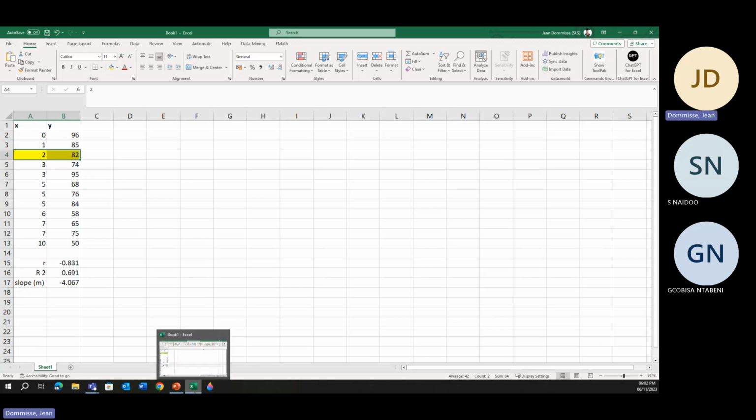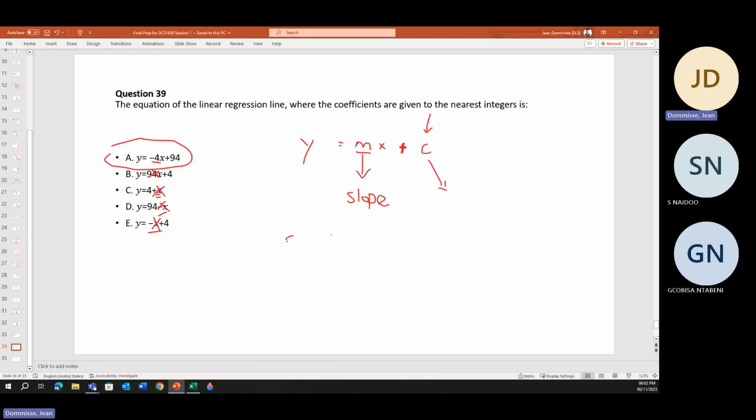I'm still going to look for the formula, see if we can calculate it in Excel as well. But we've got the y is 82 and x is 2.